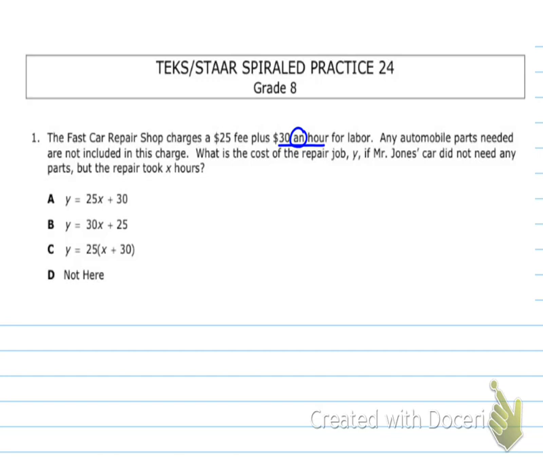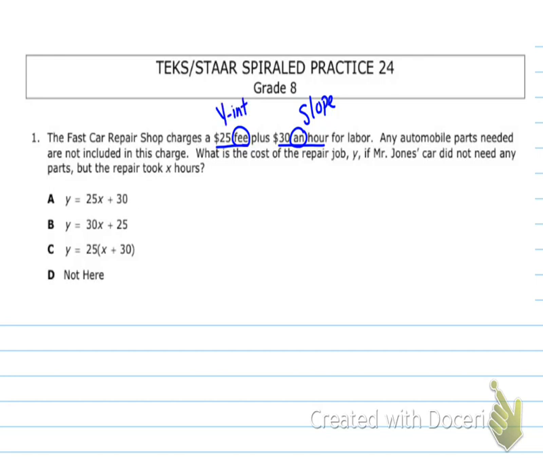When I see words like per, each, and, every, those are going to mean words for slope. Now, words for y-intercept are going to mean initial values, starting at, beginning, something like that. In this case, that fee represents my y-intercept.